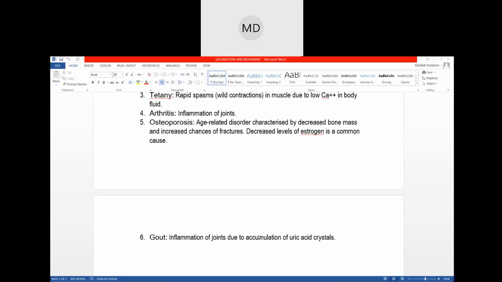So uric acid particles gather in the joint region, and they result in pain and inflammation in the joints. This is also a very painful disease, same as arthritis, but it is more serious than arthritis because this accumulation of uric acid crystals cannot be cured easily.